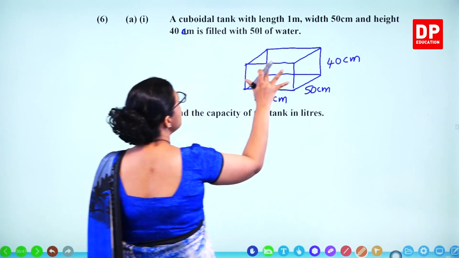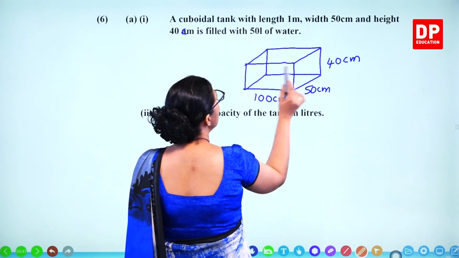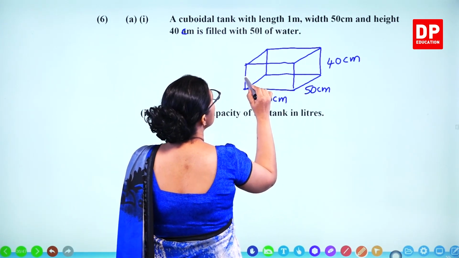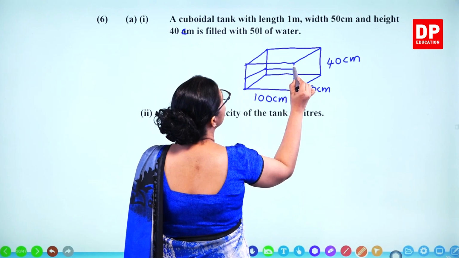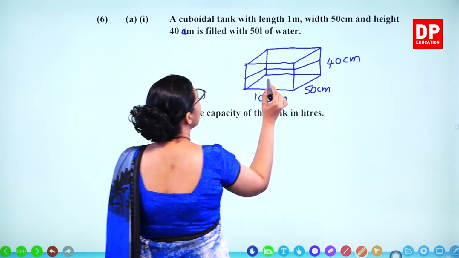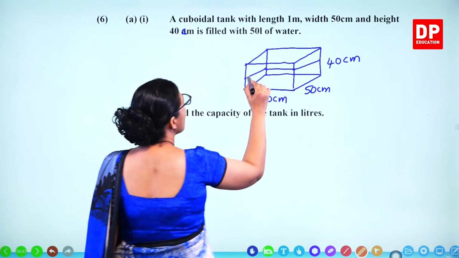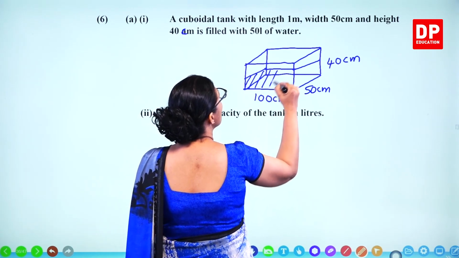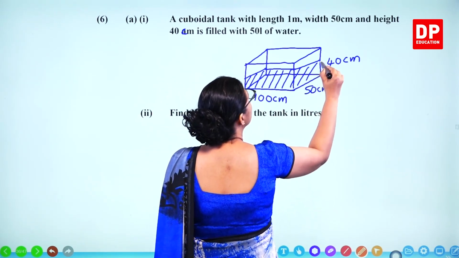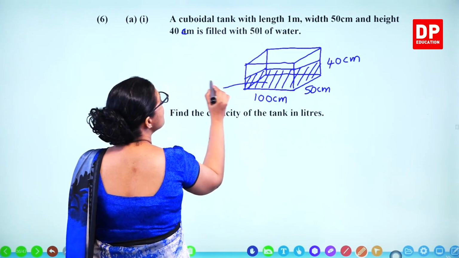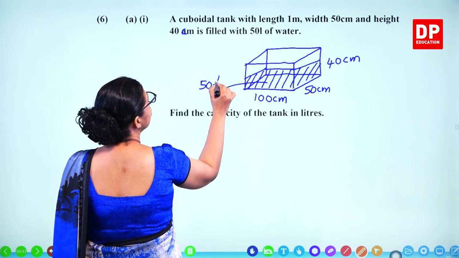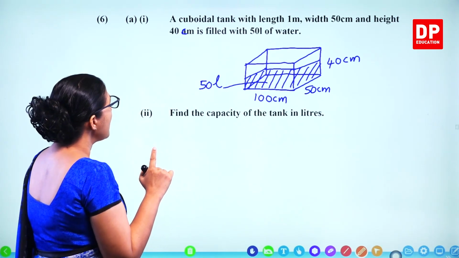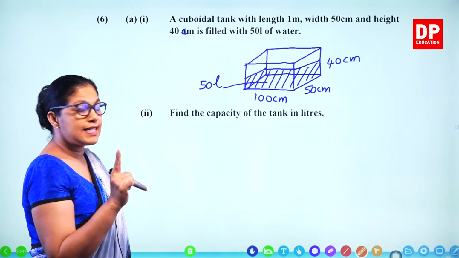Filled with 50 liters of water. So not fully. So you can just put 50 liters of water in this area. The whole thing is 50 liters of water. Find the capacity of the tank in liters.